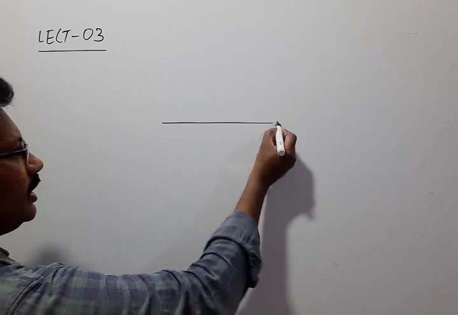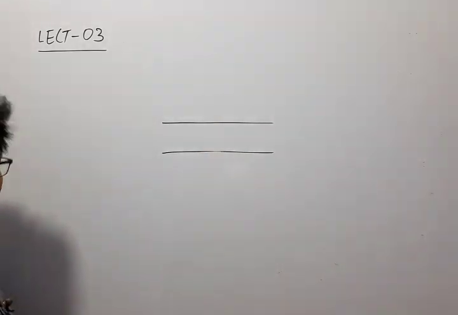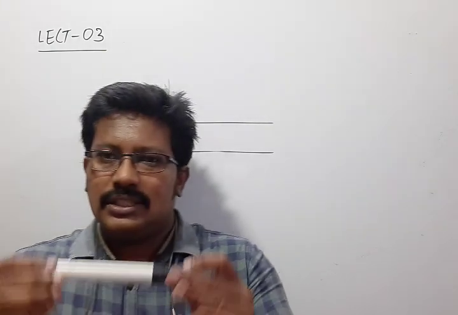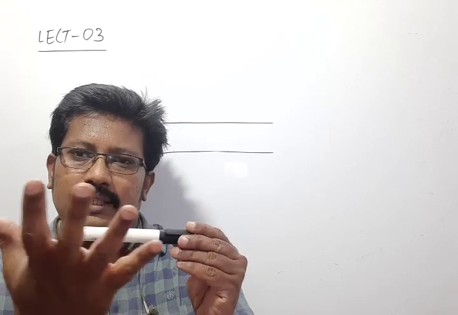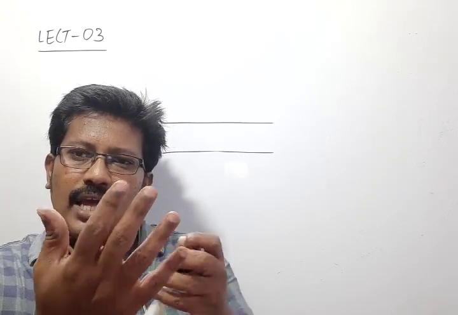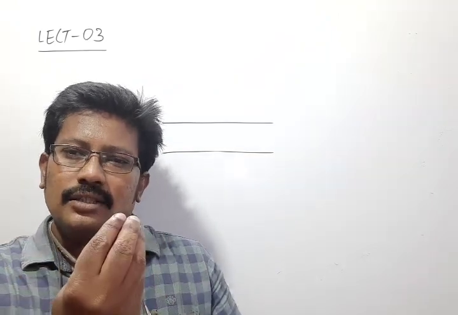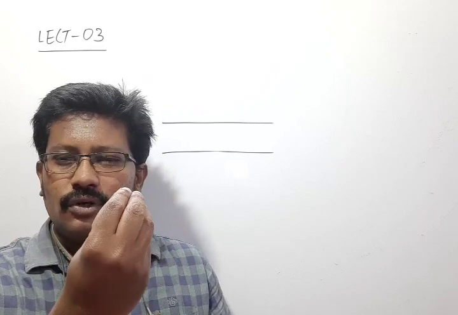Now, how are these podocytes present? The podocytes will wrap around the capillary. Suppose this is the capillary, and this is the podocyte, and all these fingers are the projections, that is, cytoplasmic projections of that podocyte.